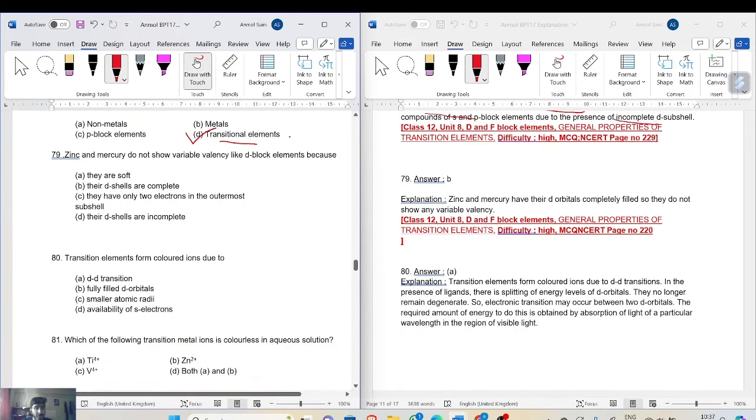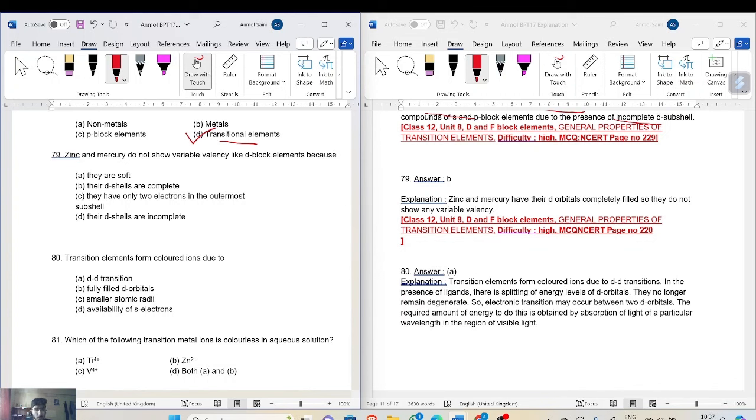Now question number 79. Zinc and mercury do not show variable valency like d block elements because, okay, first they are soft, their d subshells are complete, they have only two electrons in the outermost subshell. So we can write their electronic configuration.